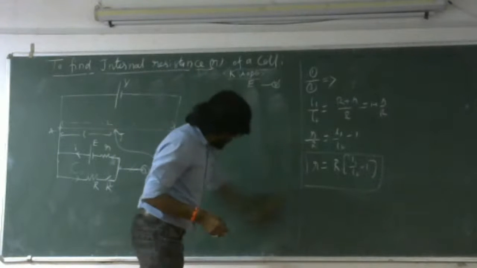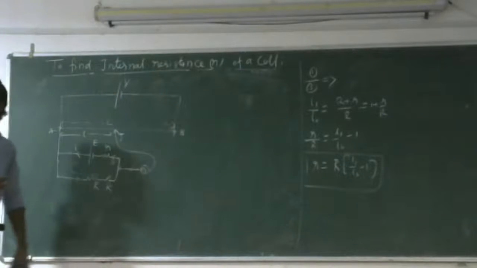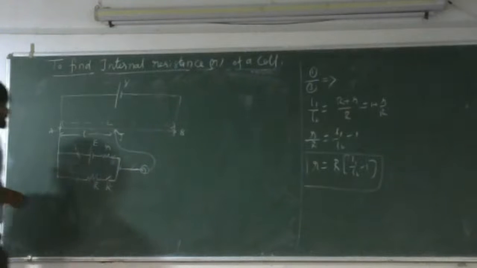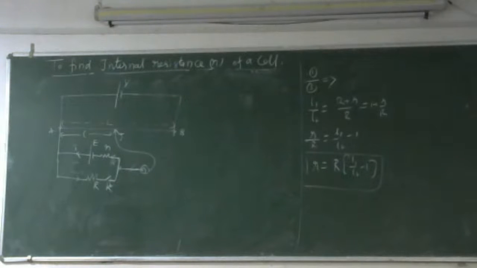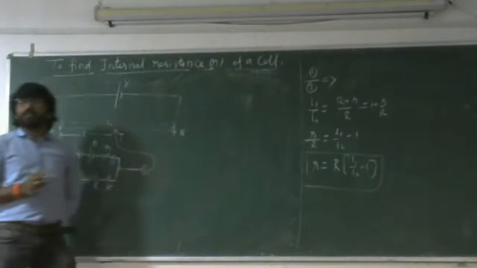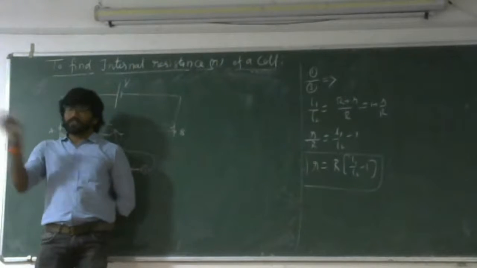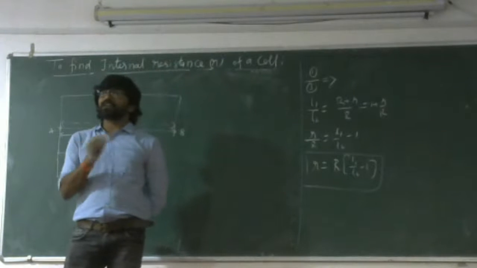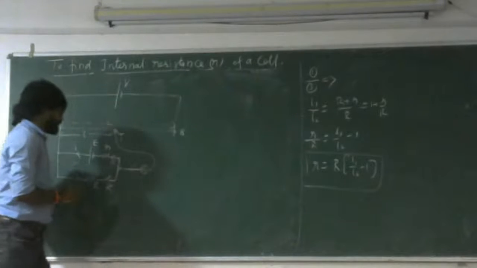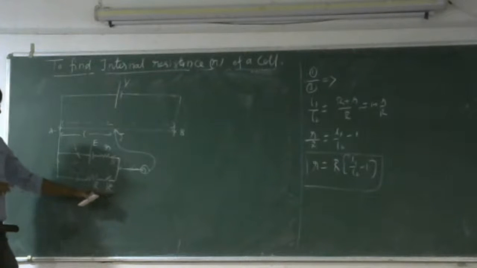Find the internal resistance of the cell shown in figure for which galvanometer gives zero deflection or no deflection when key K is closed.